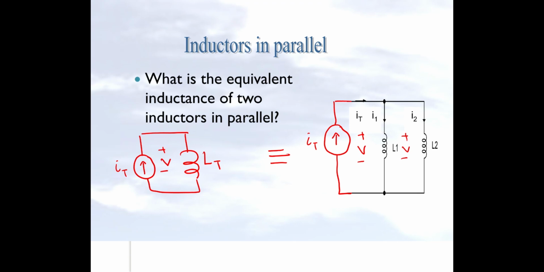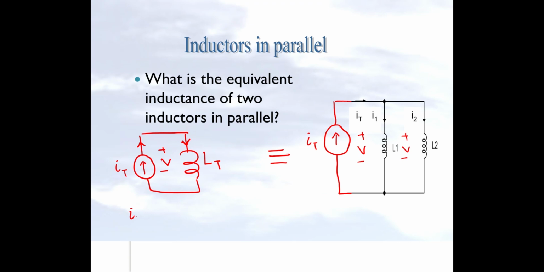For the circuit, we can write down an expression for IT in terms of the equivalent inductance, because IT here is the same as the current going through that inductor.